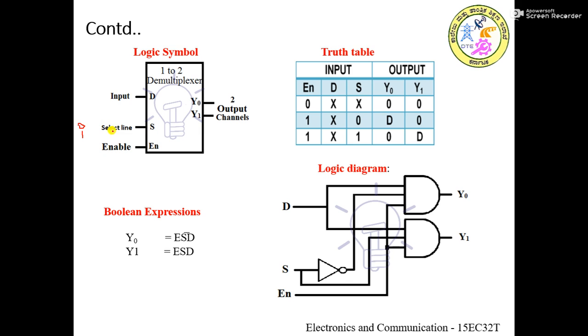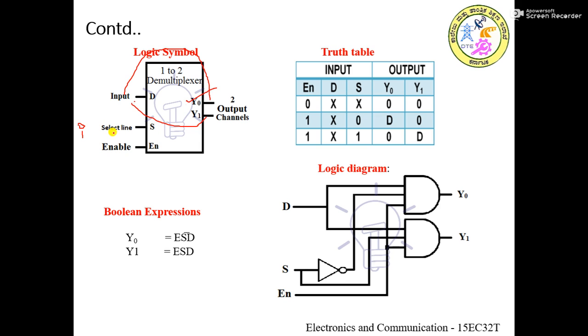Let's say if select line content is 0, then y0 is selected and the input information is routed on this output line. If select line content is 1, then the input information, that is the D content on the data input line D, is routed on the output line y1.